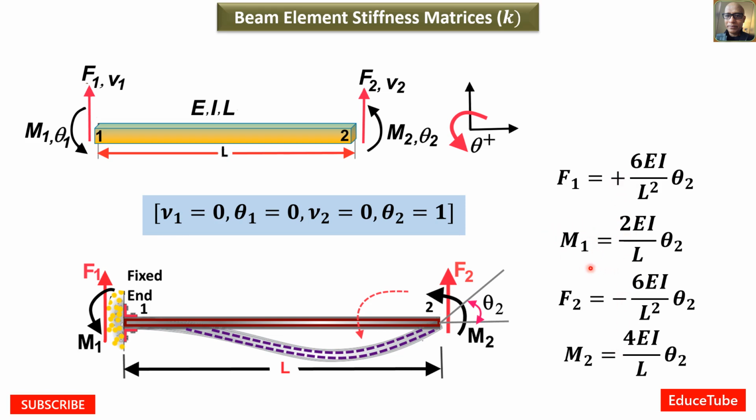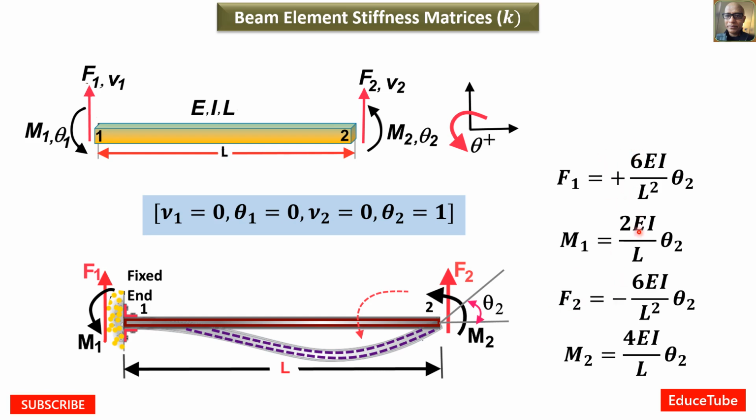But here our M1 is 2 EI over L and M2 is 4 EI over L. Previously, in the second column, 4 EI over L was there because at that time node 2 was the fixed end, but now node 1 is the fixed end. So our M1 will be 2 EI over L and M2 will be 4 EI over L. Adding these two, M1 plus M2 divided by L, we get F1 and F2. This one positive, this will be negative.